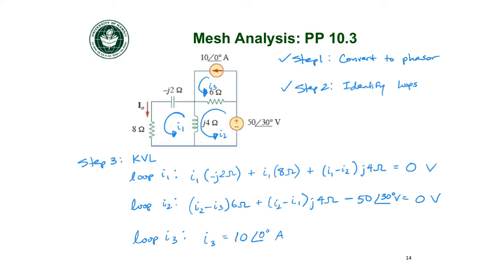Okay, so we have 3 equations and 3 unknowns, I1, I2, and I3. So we can solve these 3 equations. What makes the most sense is to substitute for I3 in the second equation, because we already have a value from the third equation. We have a value for I3, and then we have 2 equations and 2 unknowns, and then we can solve those equations.